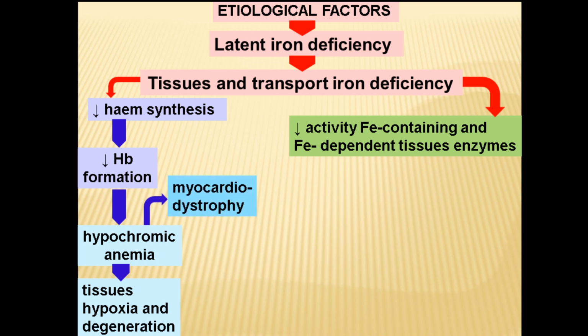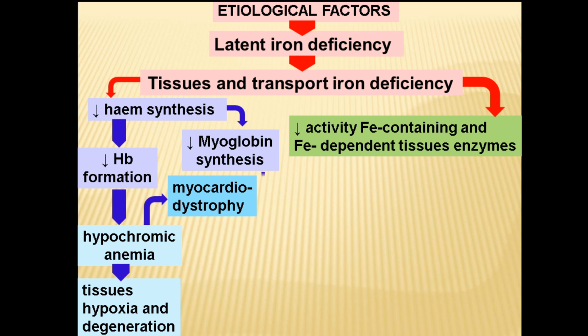Hypochromic anemia provokes myocardial dystrophy, because you know that the heart is the most active muscle in our organism and it needs a definite level of oxygen for normal metabolism and nutrition. Decreased synthesis of heme is accompanied with decreased synthesis of myoglobin, because it is a form of heme iron.